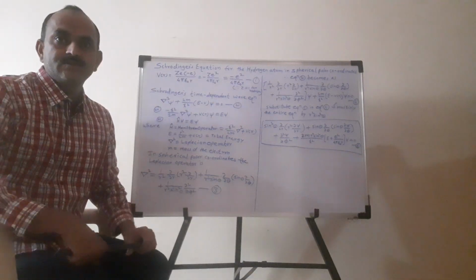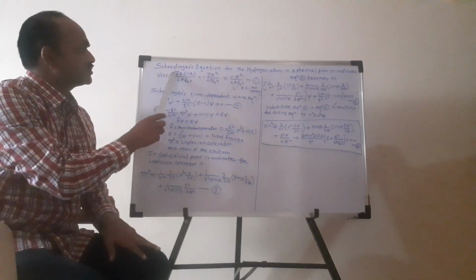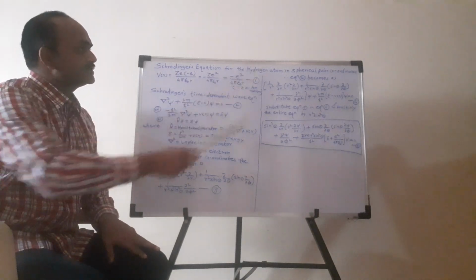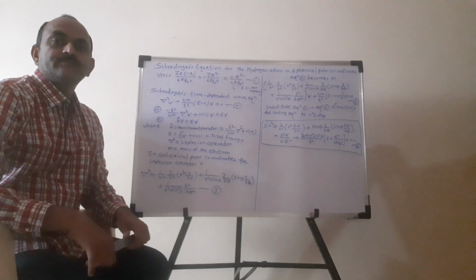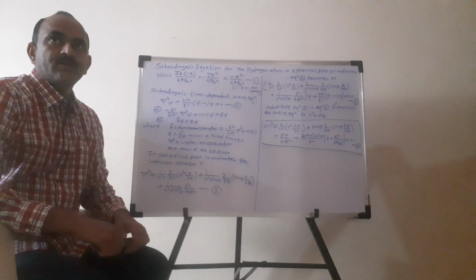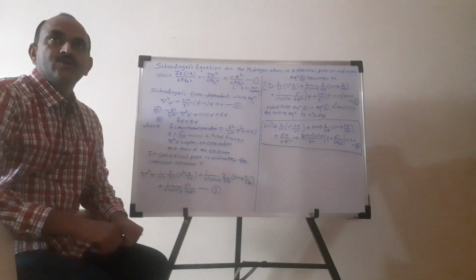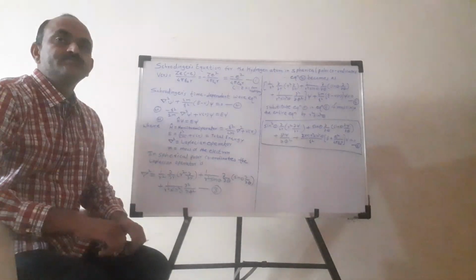Hello friends, we are going to discuss the Schrodinger's equation for the hydrogen atom in spherical polar coordinates. The hydrogen atom consists of an electron and a nucleus which contains one proton.